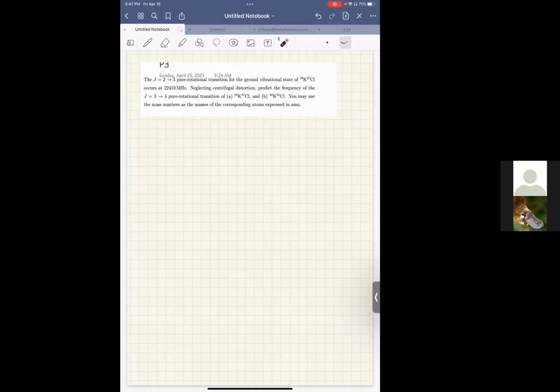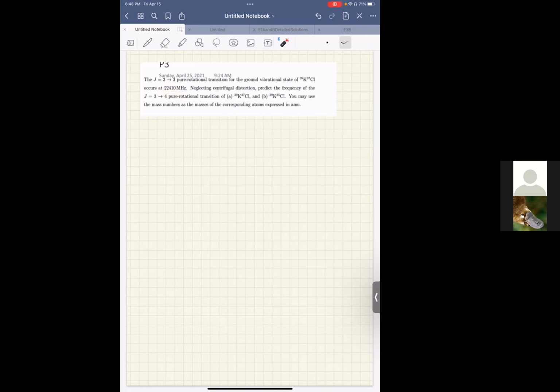Okay, so let's start off with this equation here. Let's say we're trying to figure out where the J2 to 3 pure rotation from the ground state of potassium chloride occurs, given here.